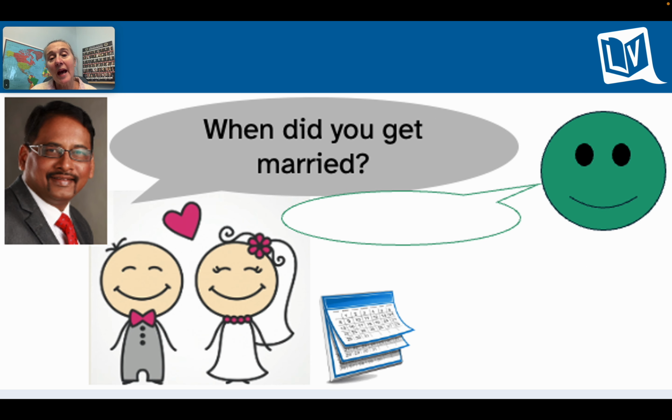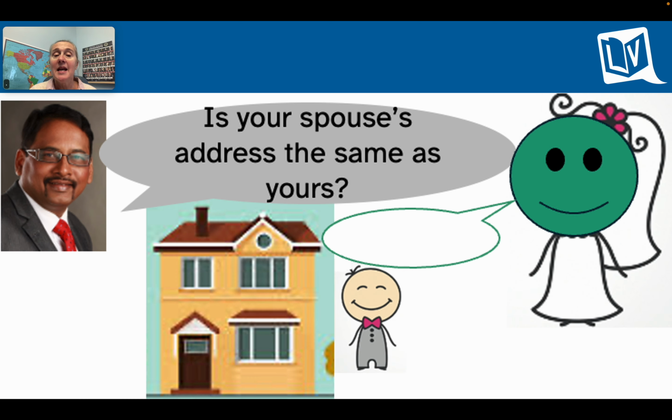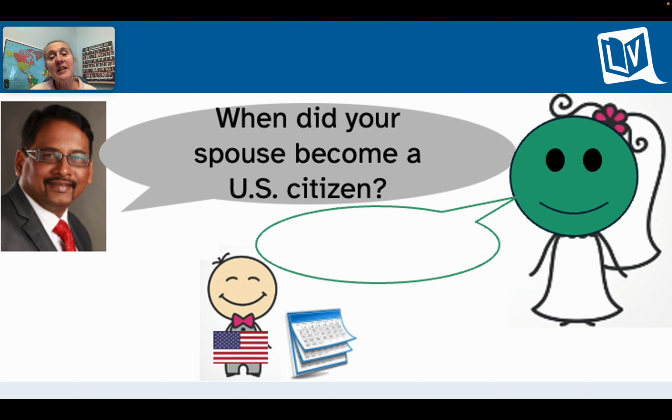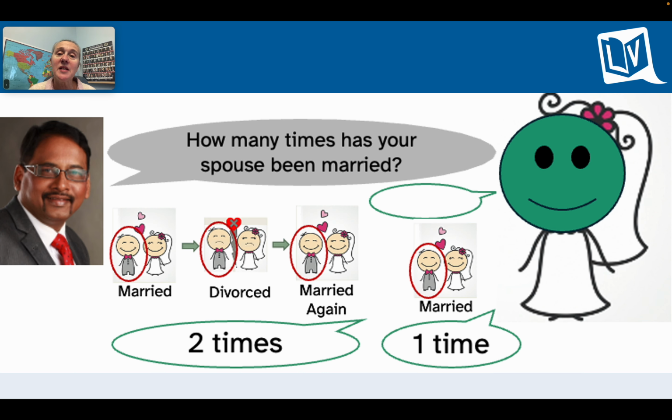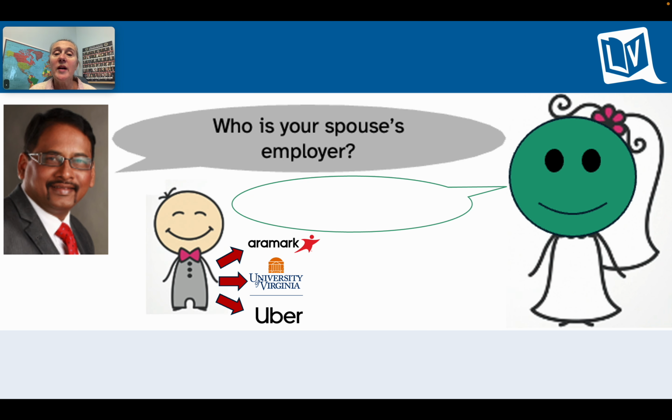When did you get married? Is your spouse's address the same as yours? When did your spouse become a U.S. citizen? How many times has your spouse been married? Who is your spouse's employer?